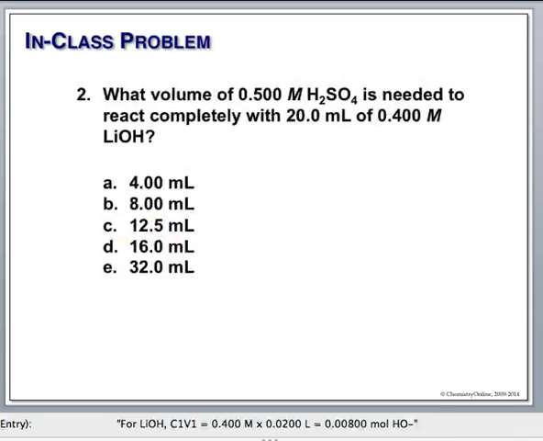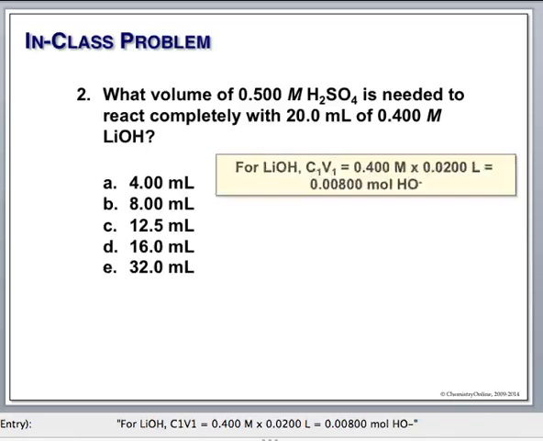We have 0.5 molar sulfuric acid. We are reacting it with 20 mils of 0.4 molar lithium hydroxide. Now, lithium hydroxide is a strong base. Sulfuric acid is a strong acid. And we have 2 to 1 stoichiometry. So step 1, we have concentration and volume here. 0.4 molar, 0.02 liters.